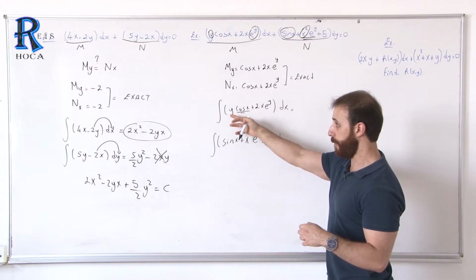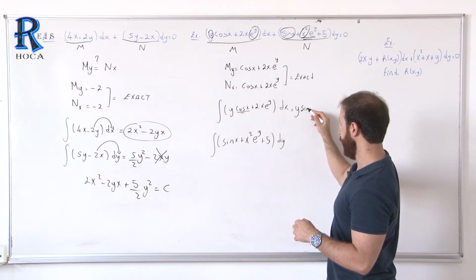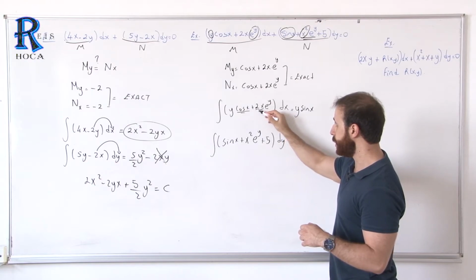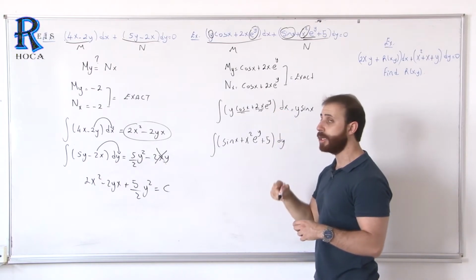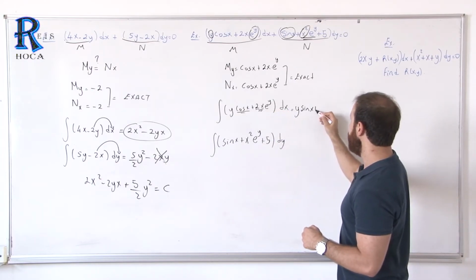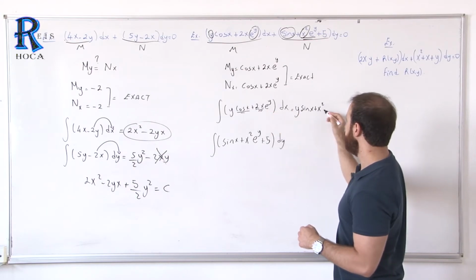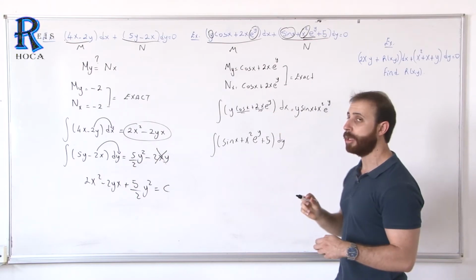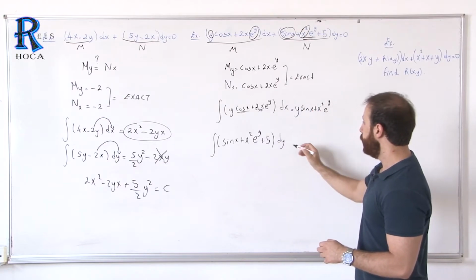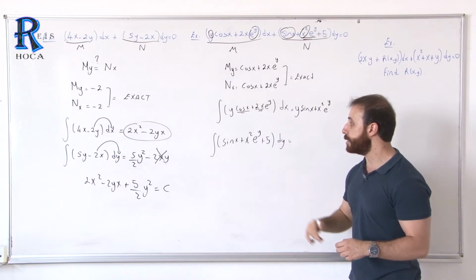So the other term we must keep, y sine x. 2x, integral of 2x with respect to x, 2x squared over 2, it's x squared. We keep the other term because they are together as a product. This is important. And continue with the second integral.